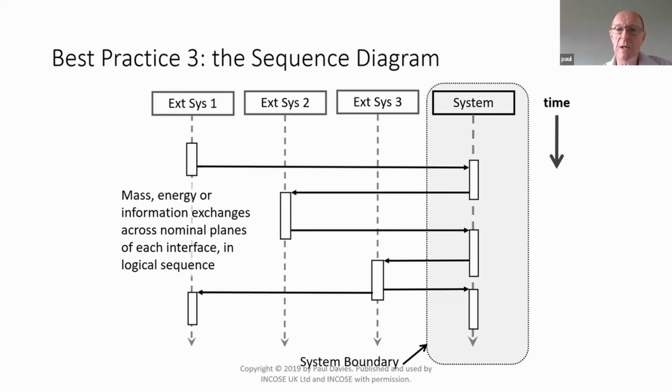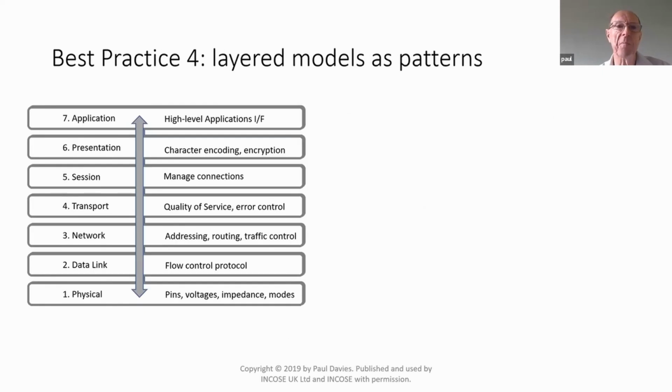Best practice 3 is drawing sequence diagrams for those interactions, not necessarily just software, any kind of mass, energy, or information exchanges across those nominal planes of each interface in logical sequences. Start with a black box model here, where you've only got one swim lane for your entire system, and then move on to white box models, where you break your system down into its constituent elements.